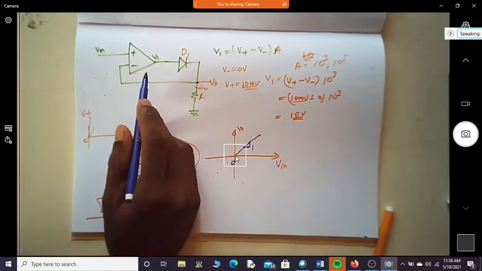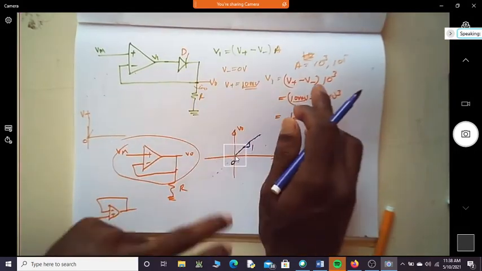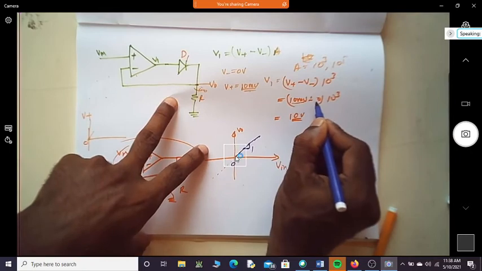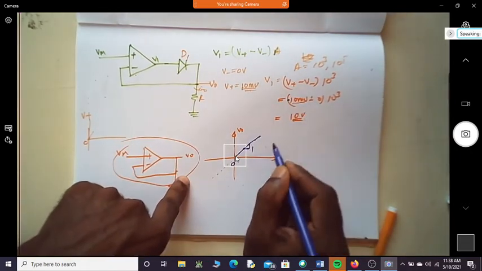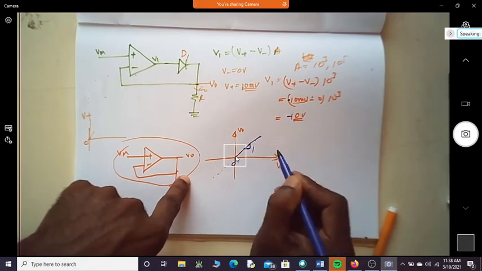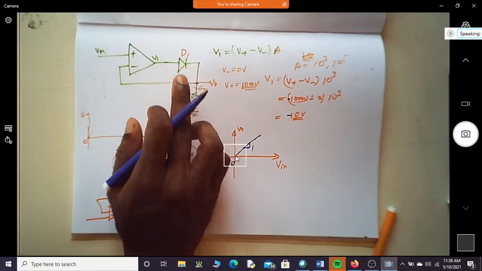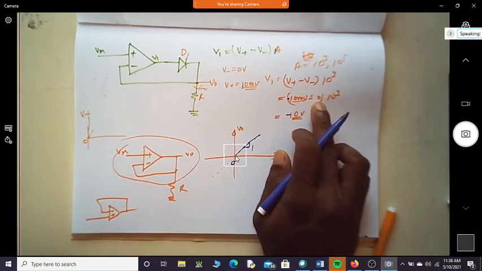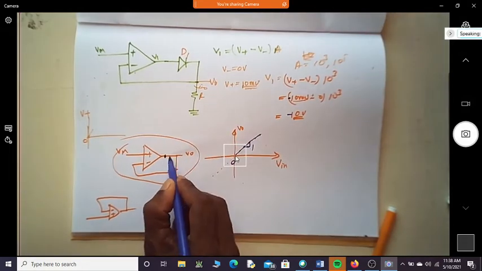For any voltage which is less than zero, what will be this? As we had it here, this is zero. I'm just talking about the negative part. This will be minus 10. So will it be minus 10? This minus 10 into minus 0, that is, the diode is off. So open circuit?